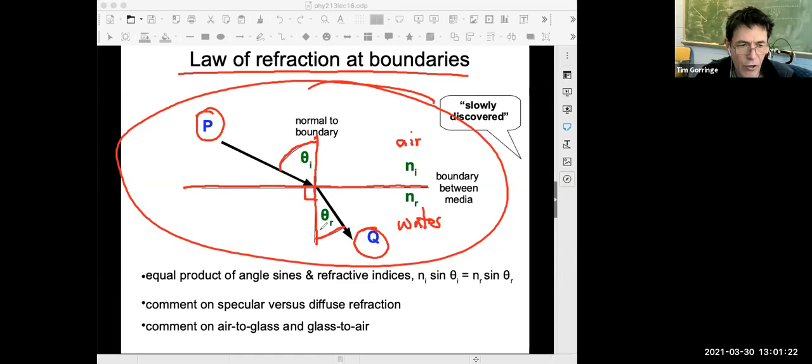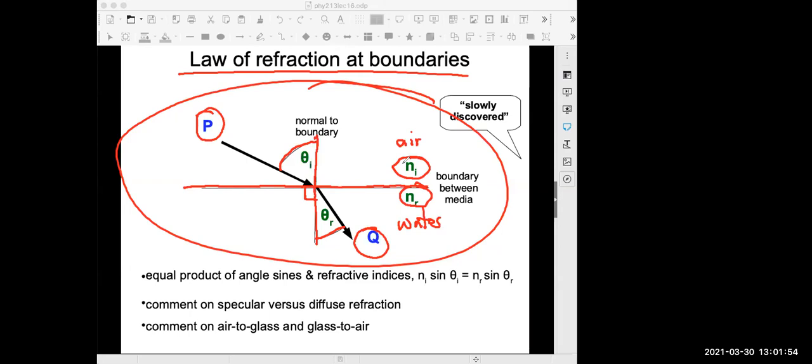The law of refraction is about the relationship, the connection between theta I and theta R of the incident and the refracted light ray. Now, it involves two new quantities. These are just numbers. Ni and Nr. Ni is a quantity that describes the optical properties of, in this case, the air.